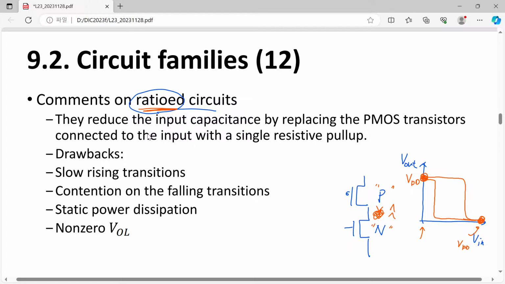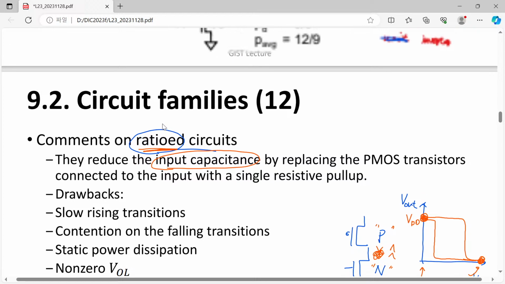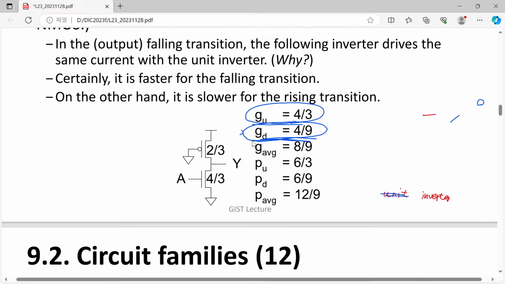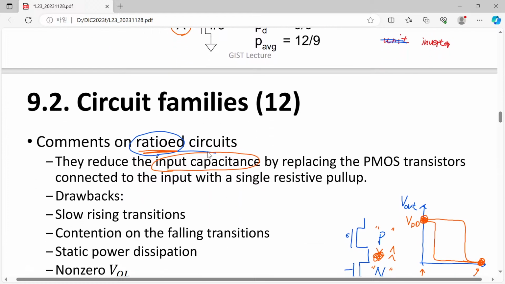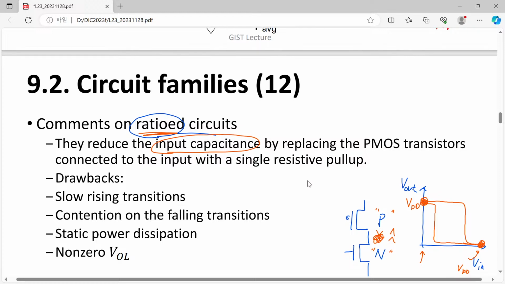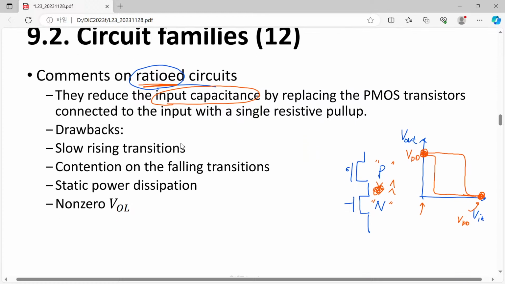So in this case, they reduce the input capacitance. How did we kick out the input capacitance? Because this A input signal is not connected to the P MOSFET. So although P MOSFET is there, it is not contributing to the input capacitance. Yes, that's good, but slow rising transition, we have seen it before, and DC power consumption.